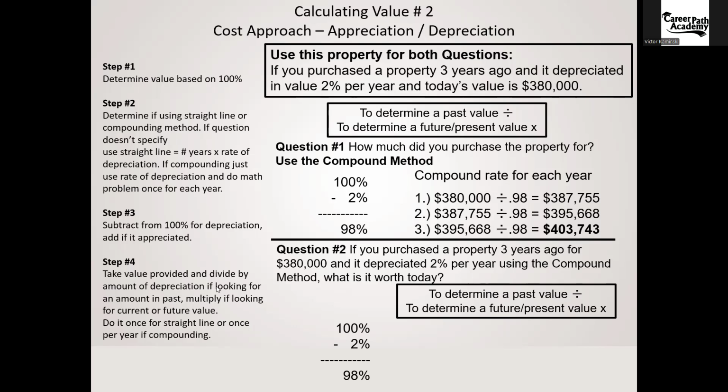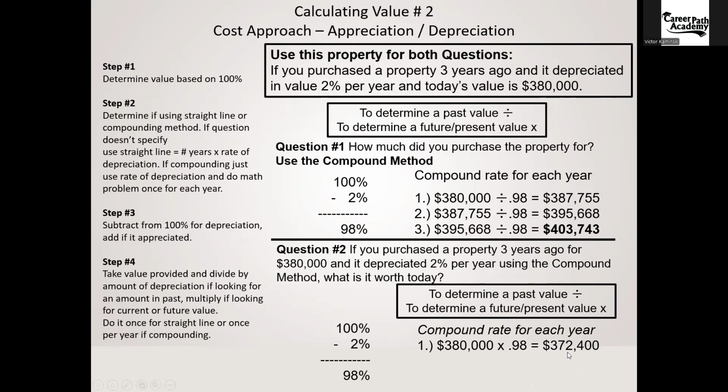We're going to take 380 and multiply it by 0.98 this time. So this is showing you what you purchased it for, saying that it depreciated 2% per year. So this number should be coming down if we're doing it right.